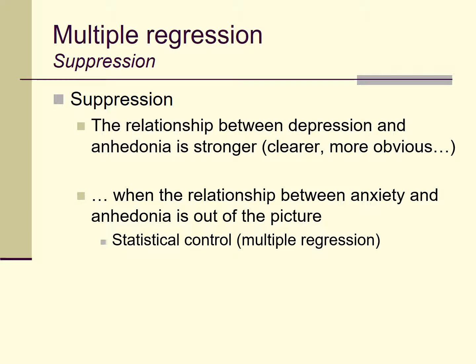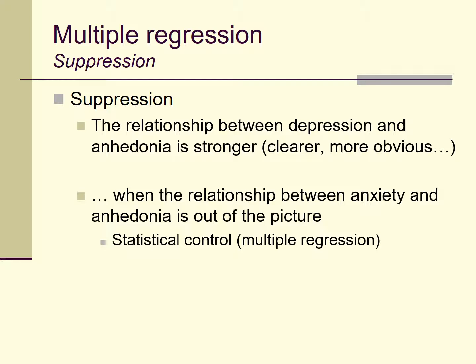So this could be thought of as an example of statistical control for anxiety using multiple regression. So if we were controlling for anxiety using multiple regression, does the effect of depression, or the relationship between depression and anhedonia, change? And in this case, apparently it does.